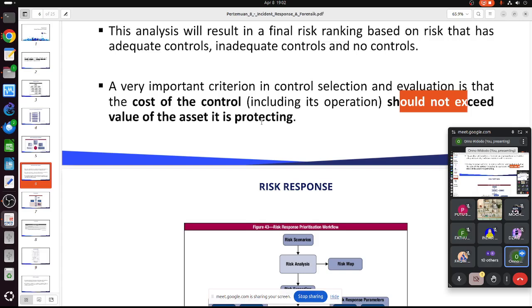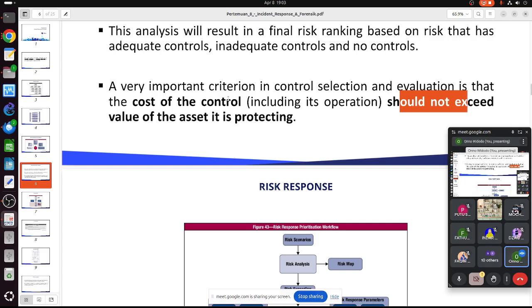The value, mind you, is not the cost of the hardware to store the asset. For data, the cost for storing the data is low, but the value is very high.